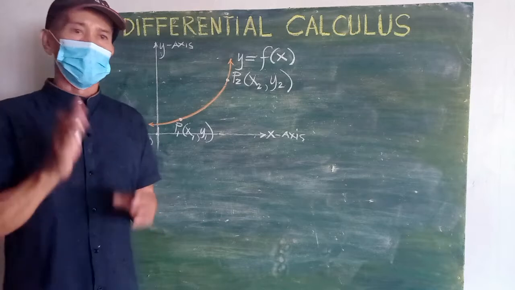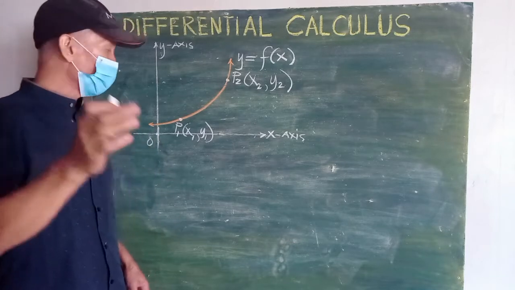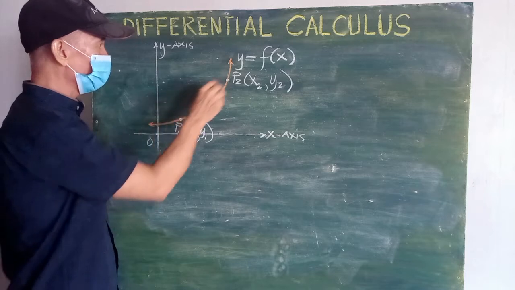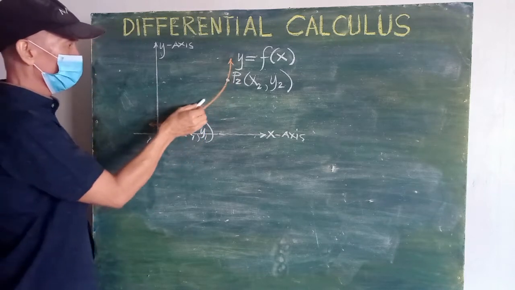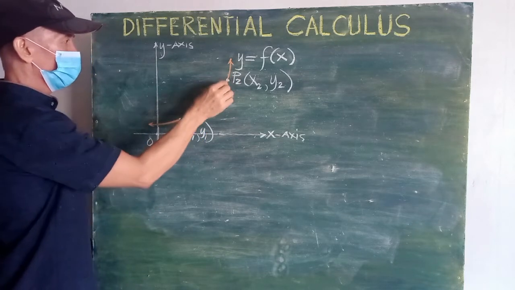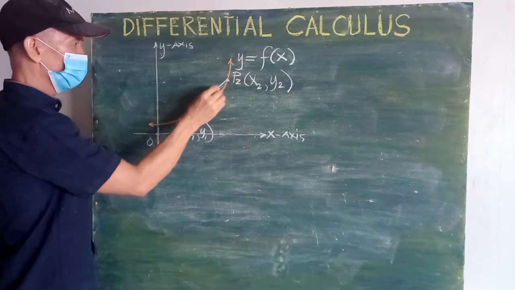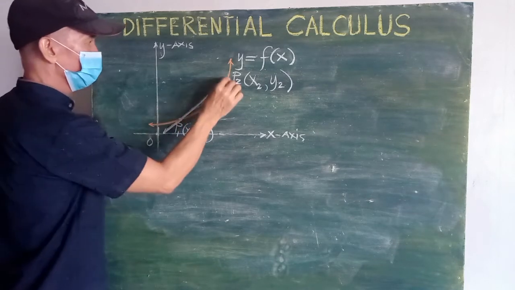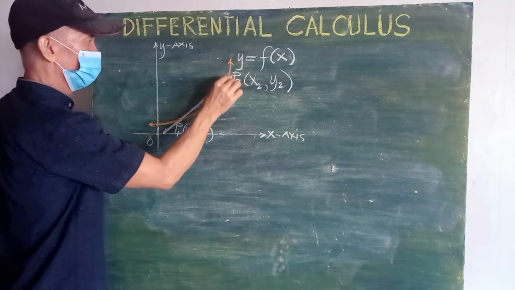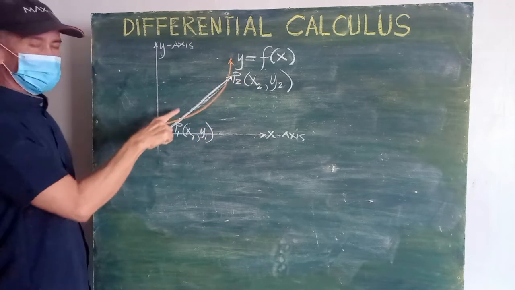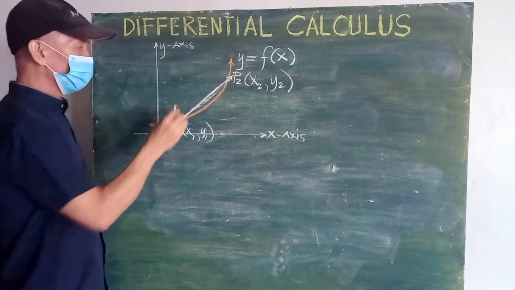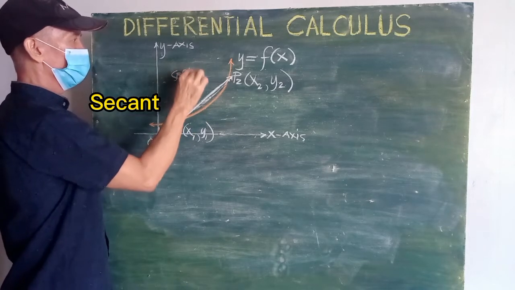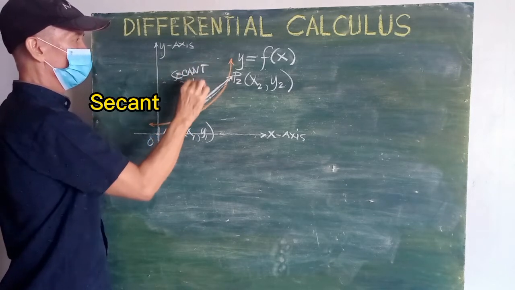Okay? Now, if we are going to draw a line passing from P1 to P2, let's say we have a line here. Okay, this line is called the secant line.